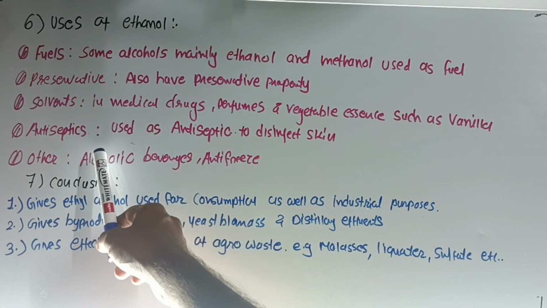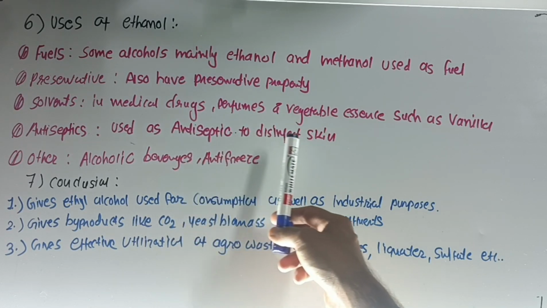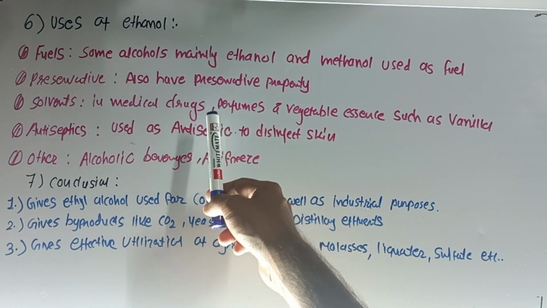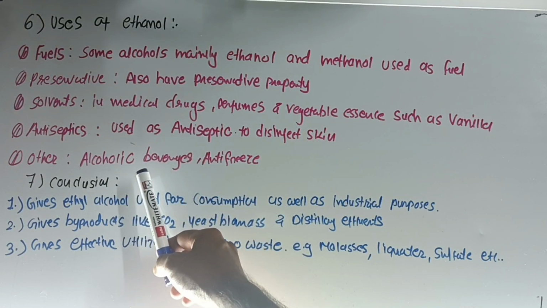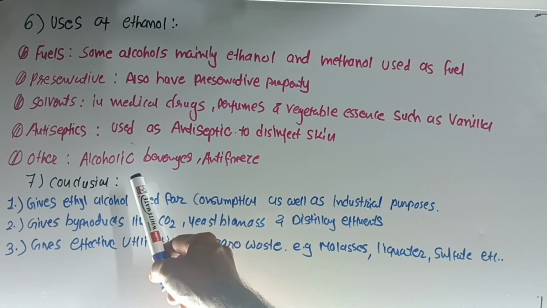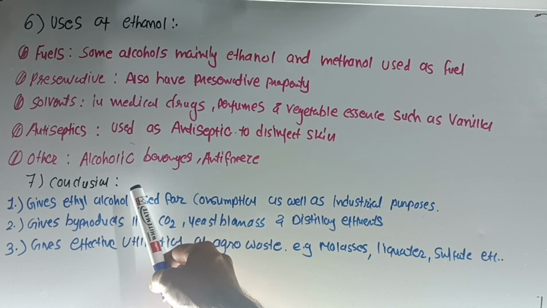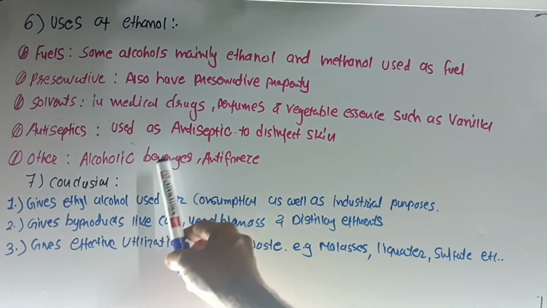Then ethanol is used as a solvent, as in medical drugs, perfumes, and vegetable essences such as vanilla. Ethanol plays an important role there. Then as an antiseptic, it is used to disinfect our skin. Other uses are alcoholic beverages, and it also acts as an anti-freezing agent. So these are the basic main uses of ethanol.